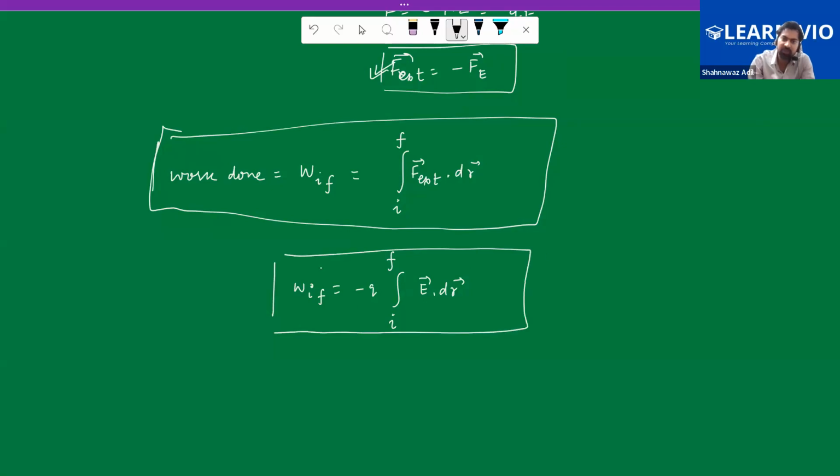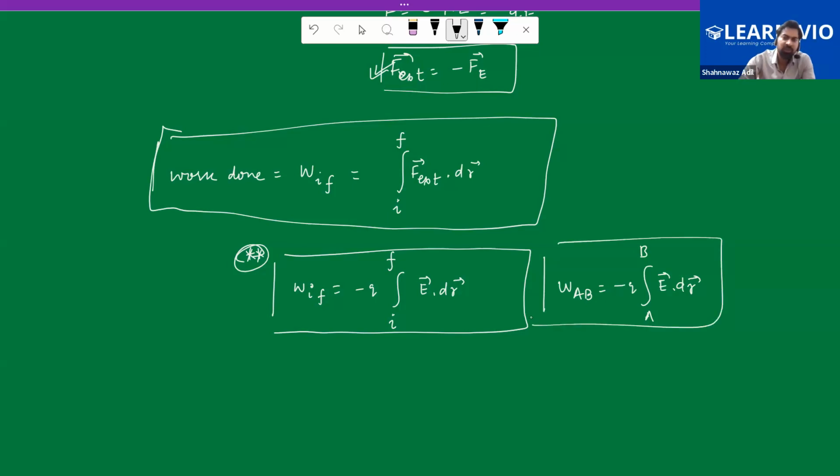This is the important formula that we have to remember. Let's say if we are bringing some charge from A to B, then this would be the integral from A to B of E dot dr.